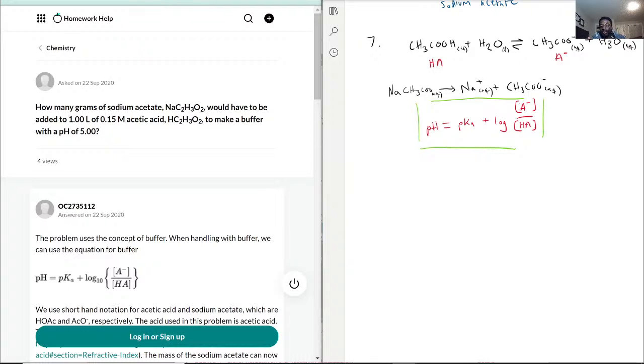Now, you notice in the formula there are certain pieces that you need. You need the pH, which is given to you. So we have 5.00, that's our goal. The pKa needs to be known, so you can't just solve this question without knowing the pKa. Sometimes the question gives it to you. Sometimes you're given a data sheet that has pKa's.